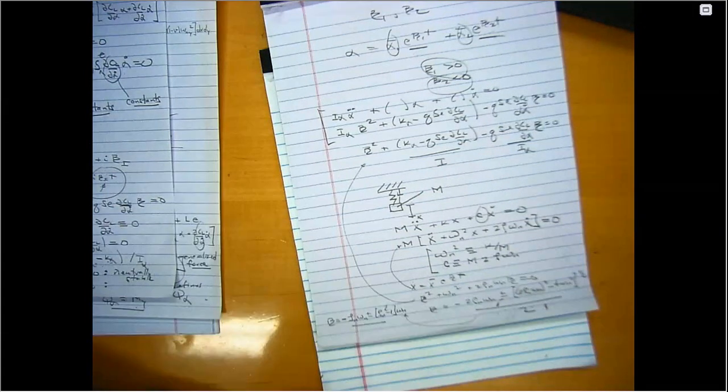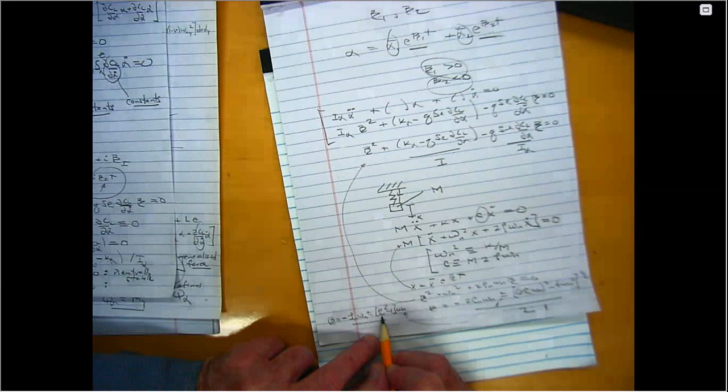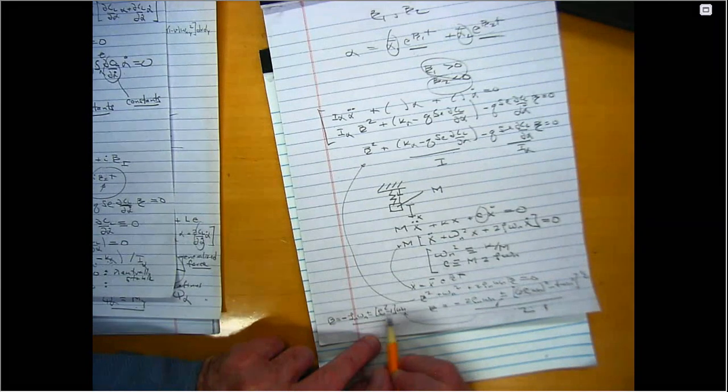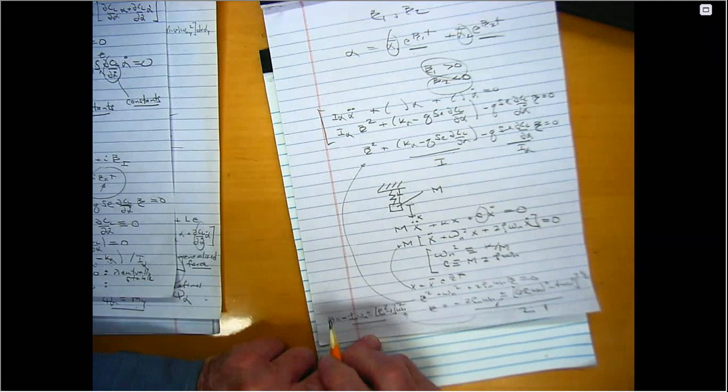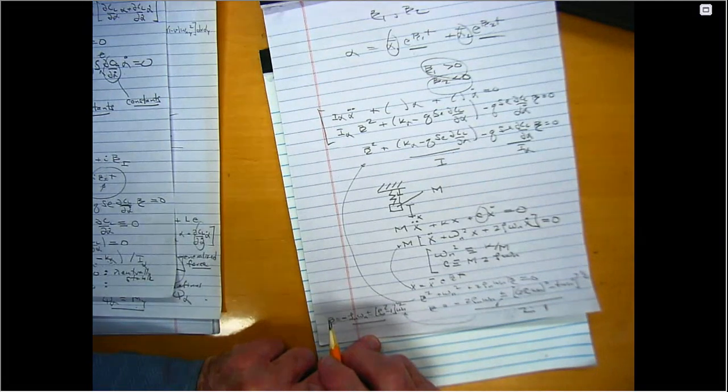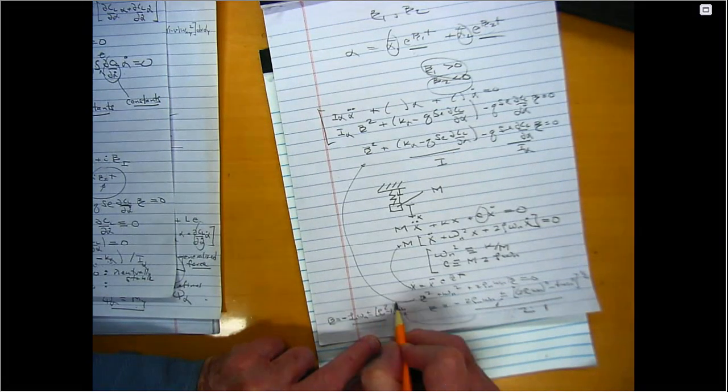But zeta n normally, for most systems, is a number that's small compared to 1. This is square rooted, and therefore it's going to be an imaginary number when I take the square root. In fact, often one neglects that term entirely because it's so small.